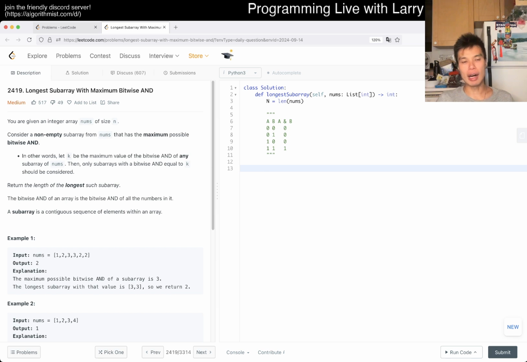Now, I don't know if it's obvious, but the first thought that I had is that when you AND two numbers, you're always going to get a number that's smaller than or equal to both of them. Because if you look at the truth table, if they're both ones, then you have 1.